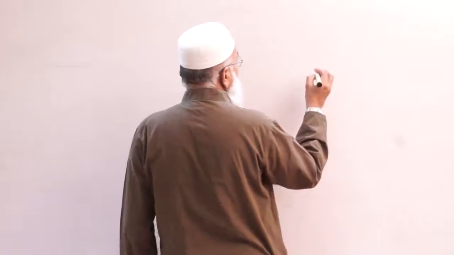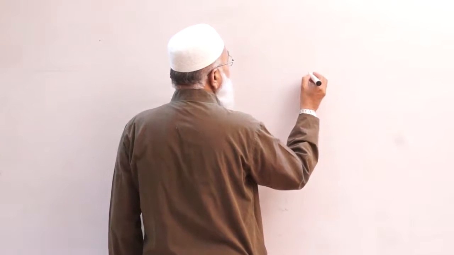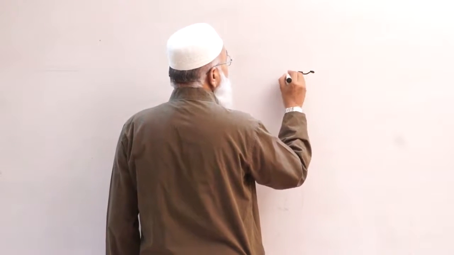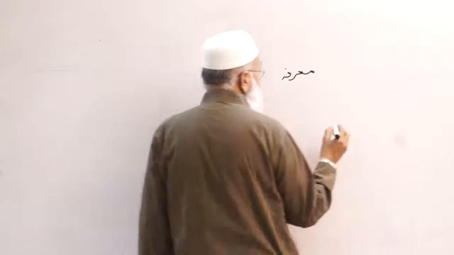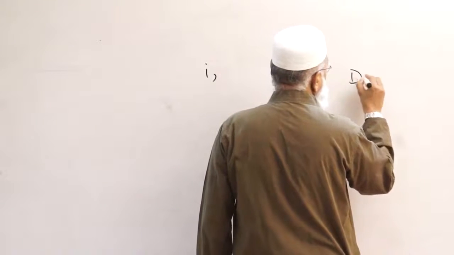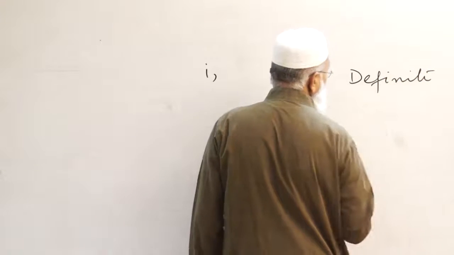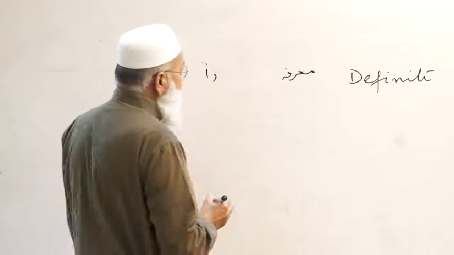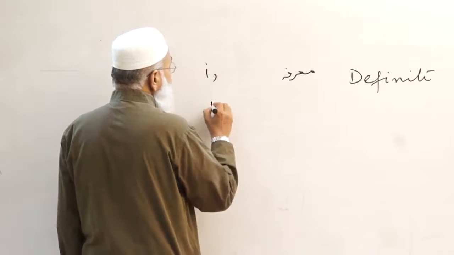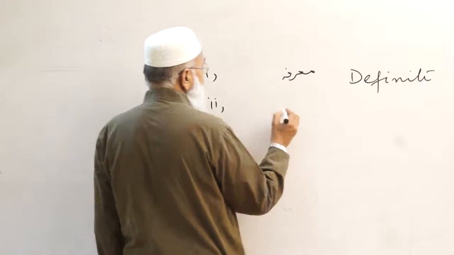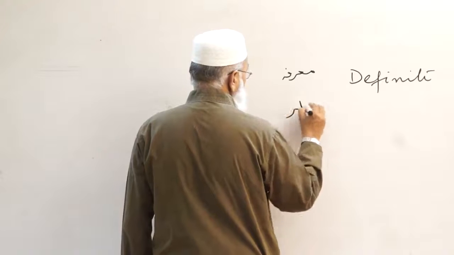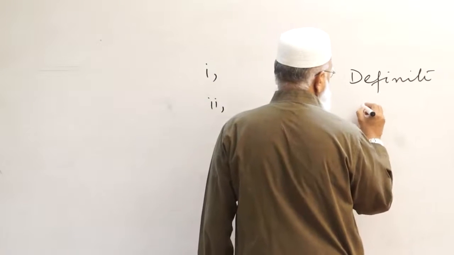A noun in Arabic may be of 2 types. One, it may be ma'rafa, that is definite. That may be a definite noun, or it may be nakira, that is an indefinite noun.